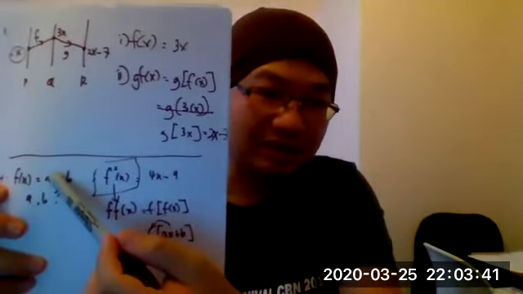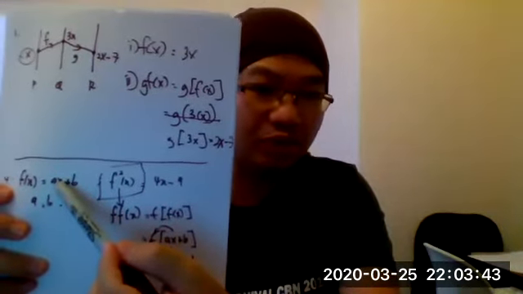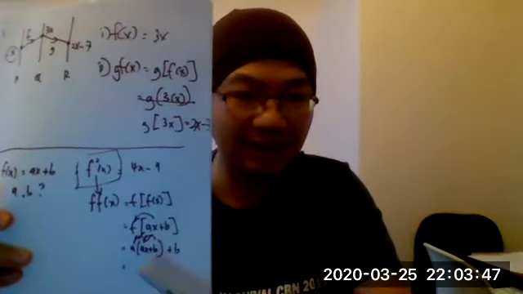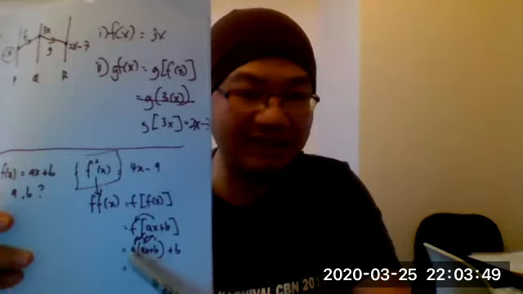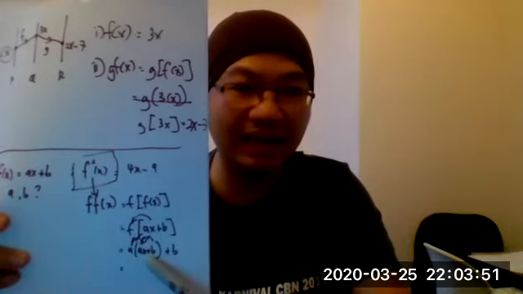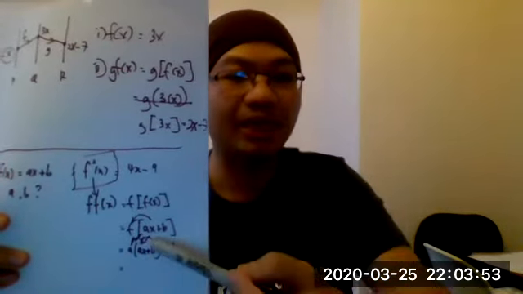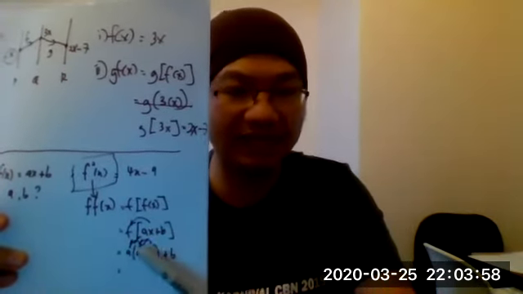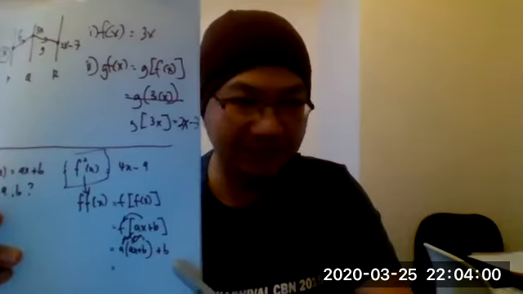Ax plus b. This rule of x, I told you, you need to replace with this whole thing. That's why it becomes, actually this is ax, but that x is no longer written here, but we replace the x with the whole thing here, ax plus b again.